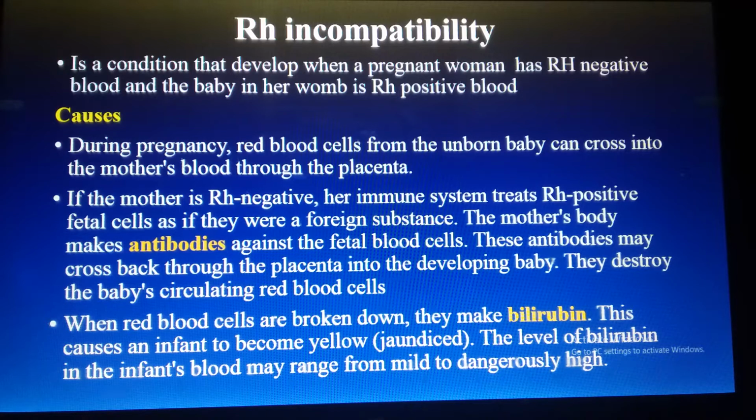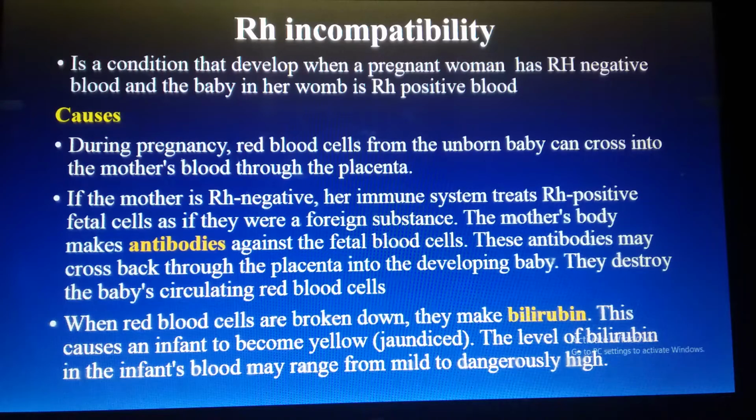Now, causes. What will happen? During pregnancy, red blood cells from the unborn baby can cross into the mother's blood through the placenta. The red blood cells from the baby are Rh positive, it means the baby has Rh factor on the red blood cells.